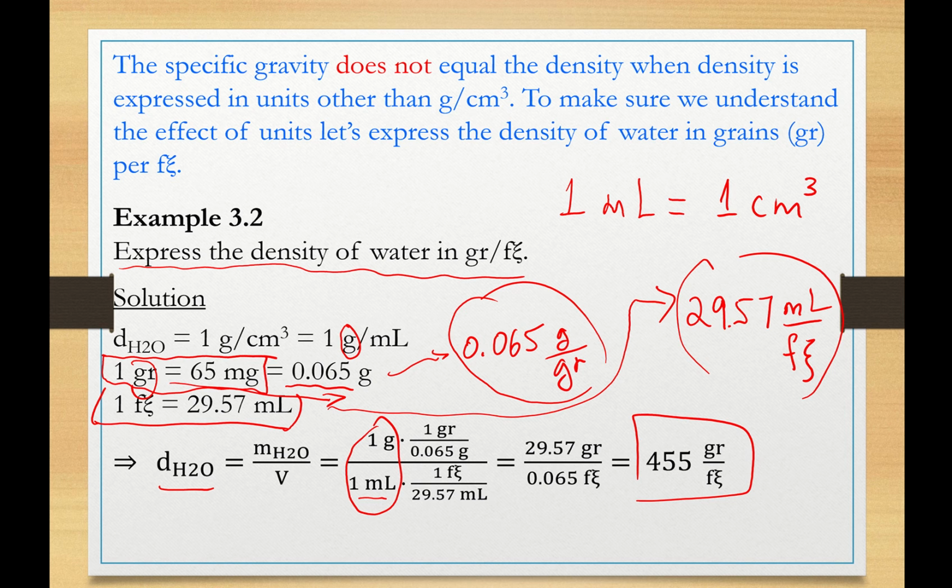If you're asked to provide the specific gravity of the water, that's not going to be 455. Specific gravity of the water is 1, because it's always expressed in gravimetric units.